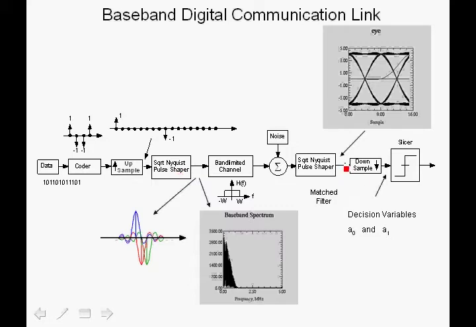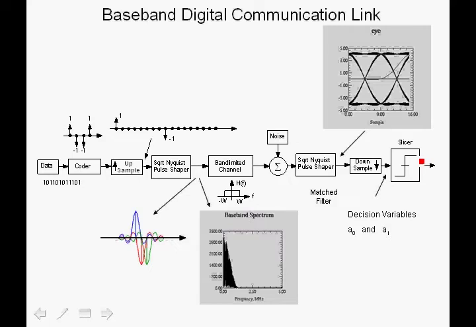Assuming perfect timing, we sample at the maximum signal-to-noise ratio, and we'll explain that subsequently, and downsample by a factor of 8 in this case, and we obtain the decision variables a0 if a minus 1 was sent, corresponding to a binary 0, or a decision variable a1 if a 1 was sent, corresponding to a binary 1. And a decision is made through the slicer.